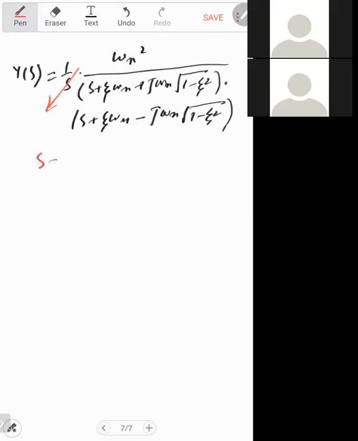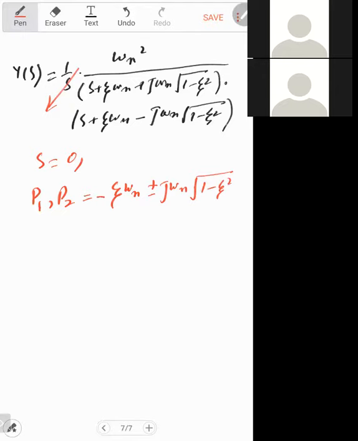So one pole is at s equal to 0, and we have 2 other poles, p1 and p2, which are equal to minus zeta omega n plus minus j omega n square root of 1 minus zeta square.